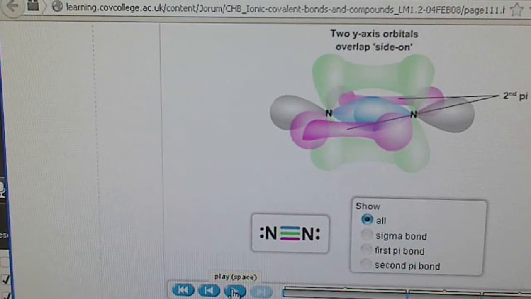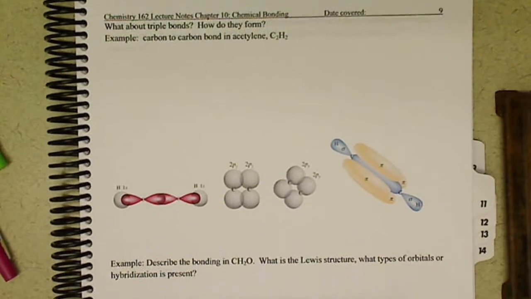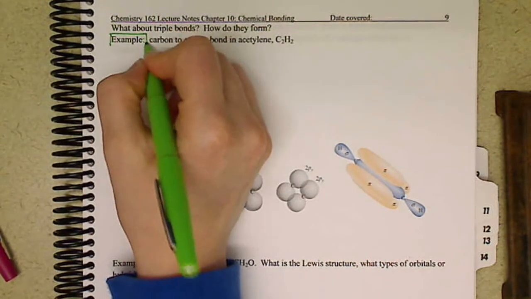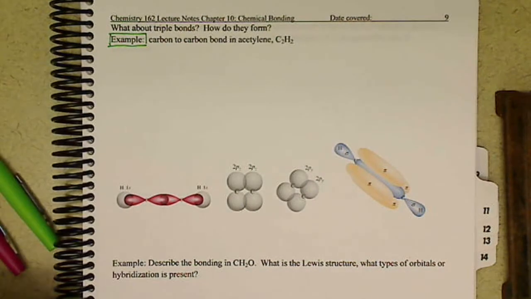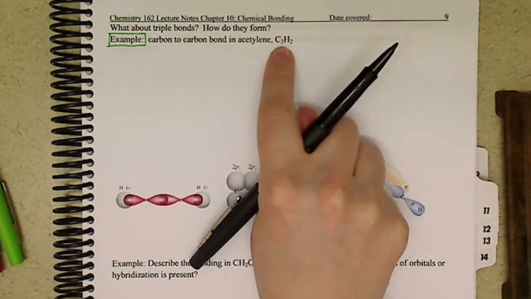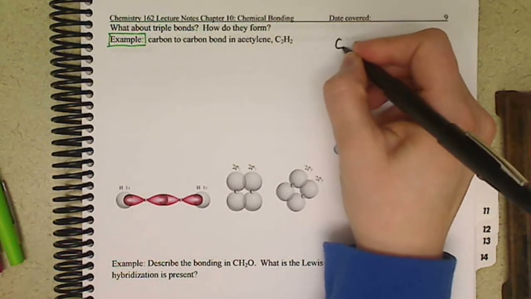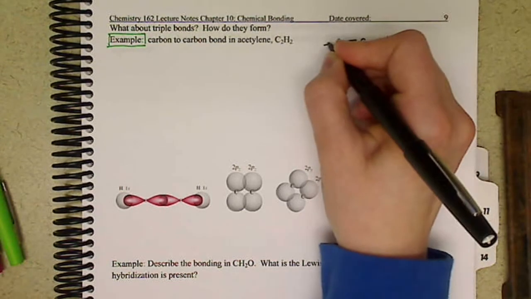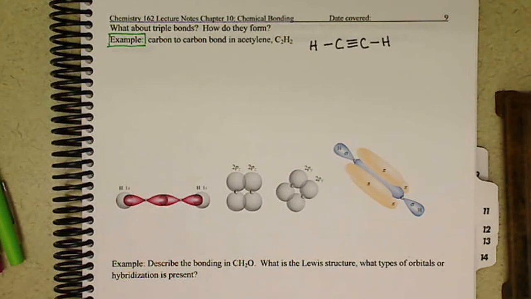So let's also look at this example using our carbon molecule. So looking at triple bonds, we want to do our promotion, or promoting, from our carbons. This is acetylene. We have carbon, triple bond, carbon, and then our hydrogens on either side.